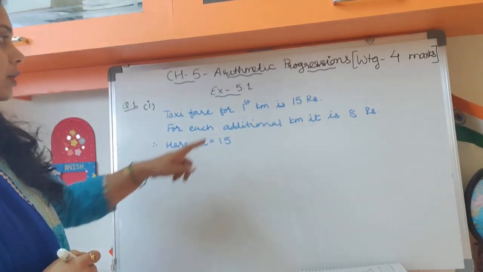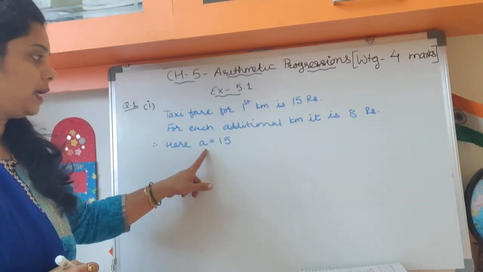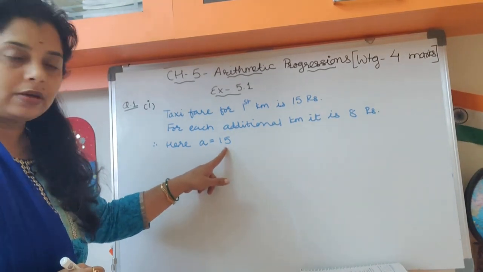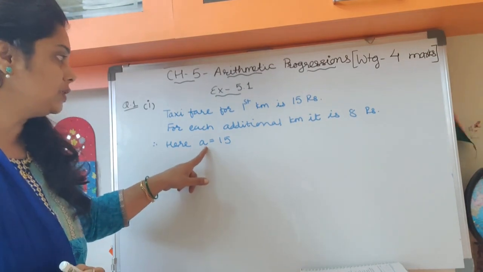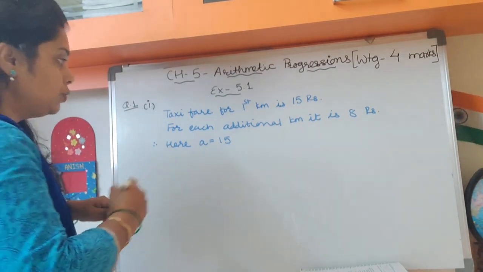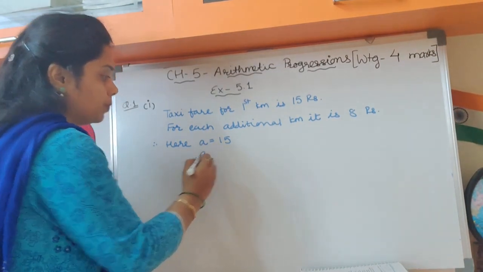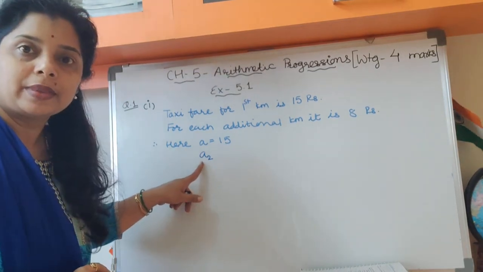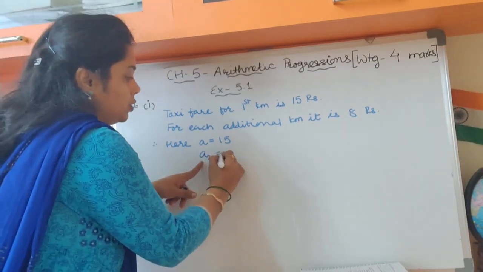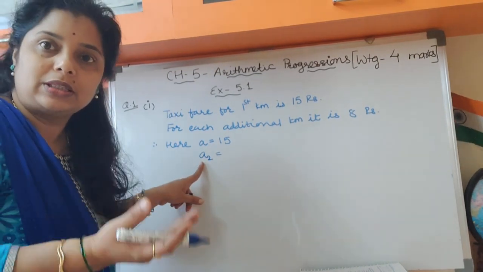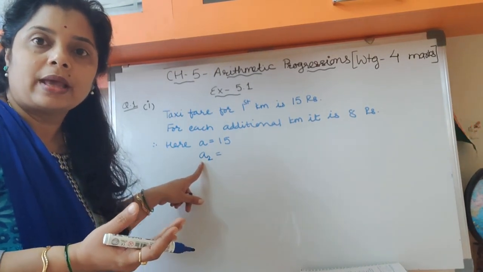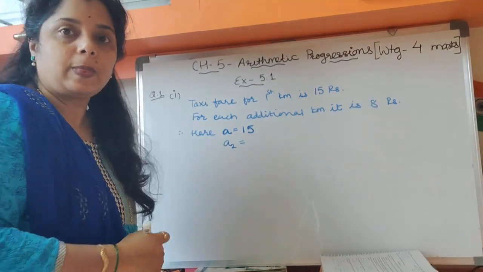So first of all, here the first term is a. So it is 15. First kilometer, it is the first term. It means it is denoted by a. Now how to get the second term, a2? To get the next or succeeding term, what do we do? Add a fixed number.